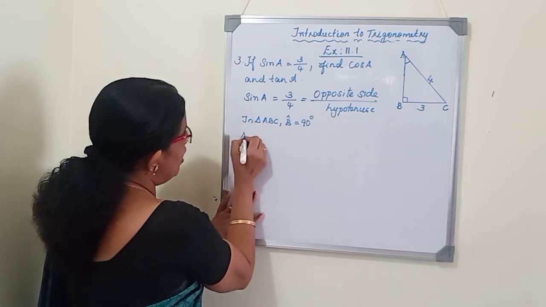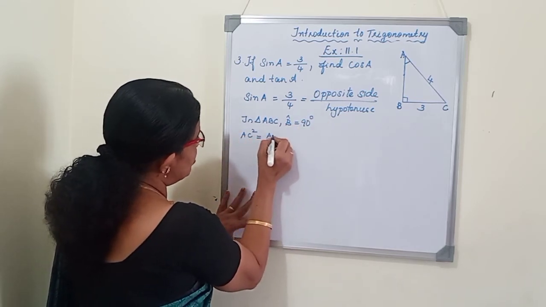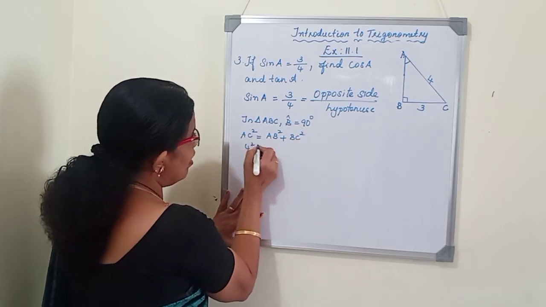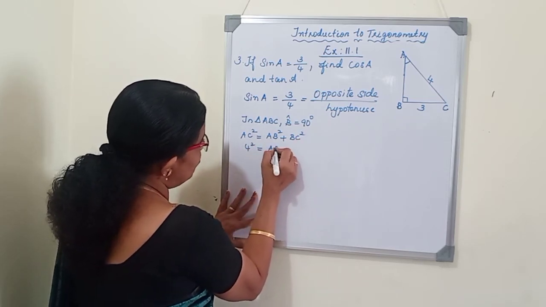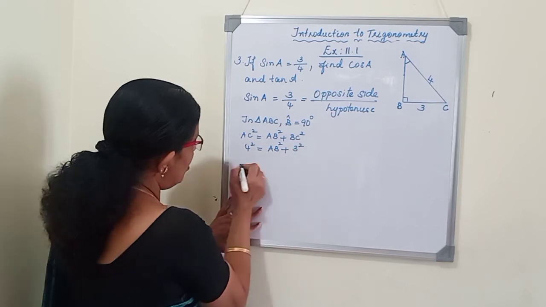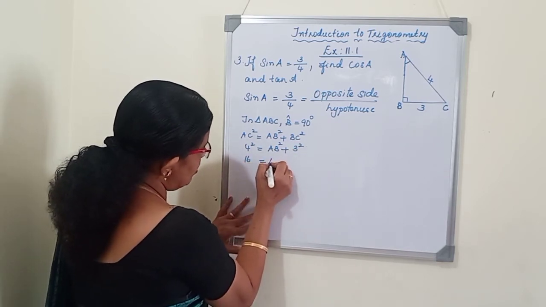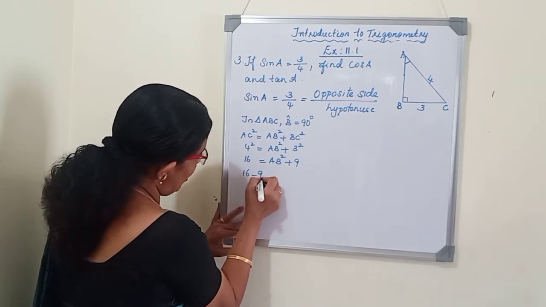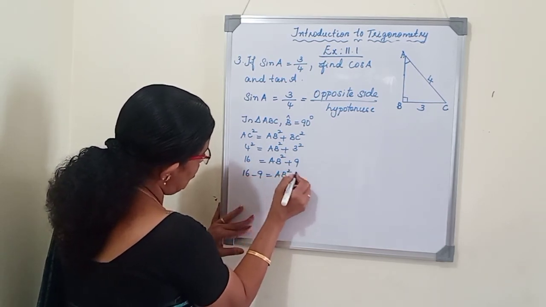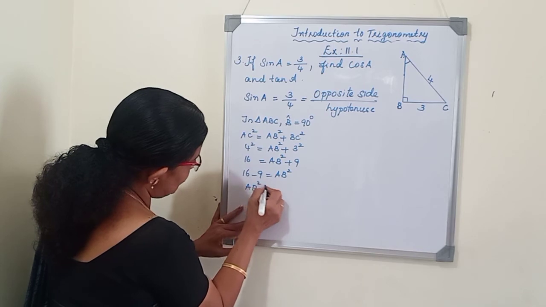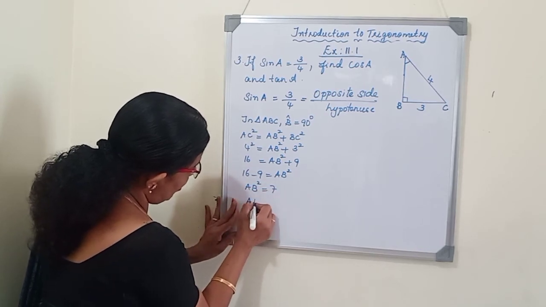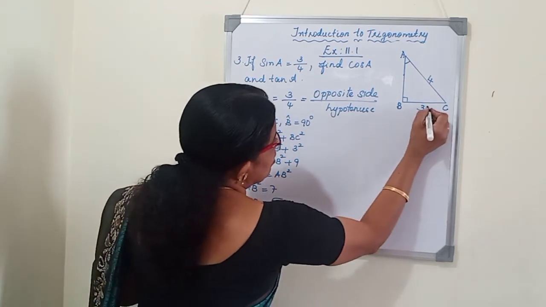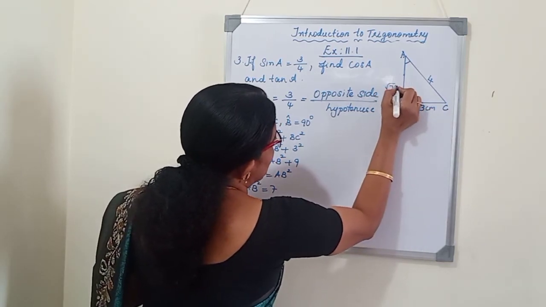So, we will write AC square equals AB square plus BC square. 4 square equals AB square plus 3 square. 16 equals AB square plus 9. 16 minus 9 is equal to AB square. AB square equals 7. AB equals square root of 7. So, we got AB as square root of 7 centimeter.